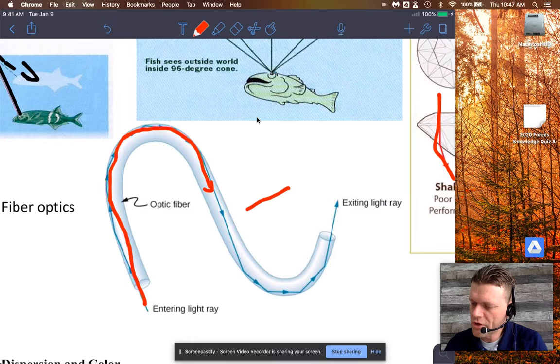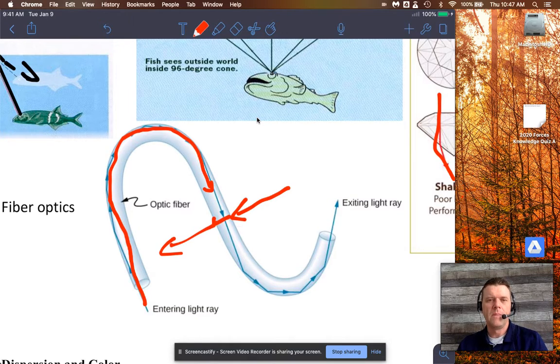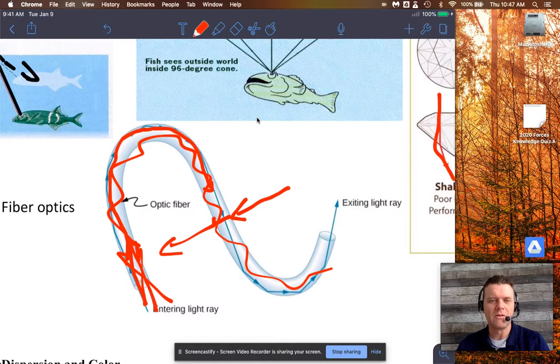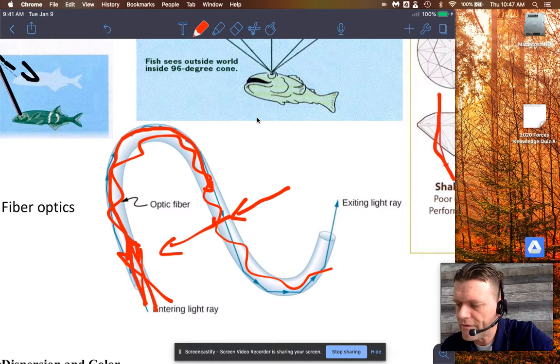Obviously, if light was shone straight at the glass like this, it would go through it, slow down a little bit, but then it would keep going through. But if you send it at these lateral angles, even at any angle you could get it going into the glass, it will just internally reflect and bounce around and go all the way through, even if it curves or whatever. So that's based on internal reflection.